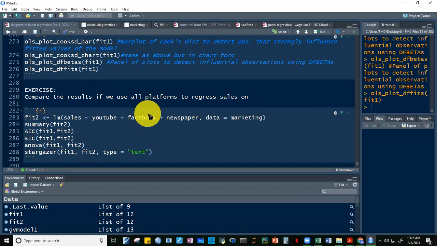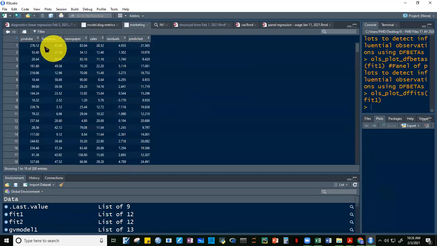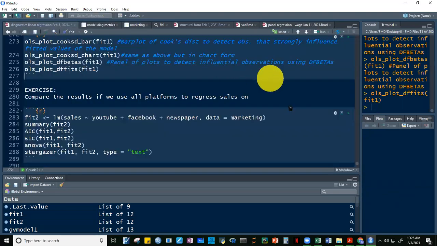Ang regress lang kasi natin guys yung YouTube lang on sales. Now, i-regress din natin si Facebook at saka si newspaper, no? So what we're going to do now is we use multiple regression. Tapos I leave you guys as an exercise na you go through the process again, tingnan natin yung model natin, tapos i-analyze natin as a multiple linear regression.